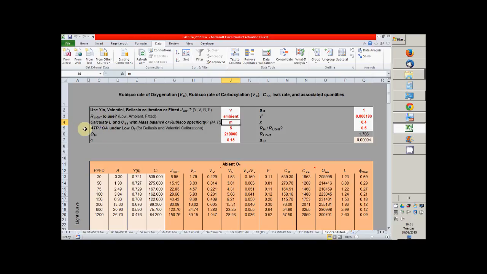The value for ATP per GA under low oxygen may be specified together with some other parameters from the literature. GBS is automatically copied from sheet 10, but if preferred, another value can be specified in the formula bar.